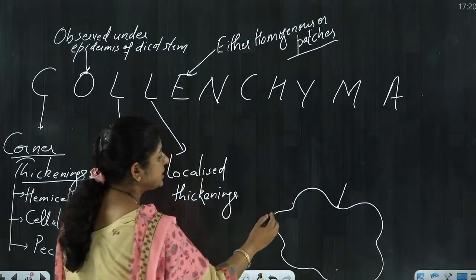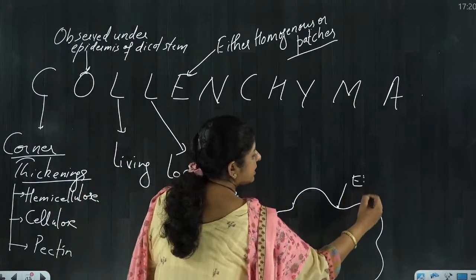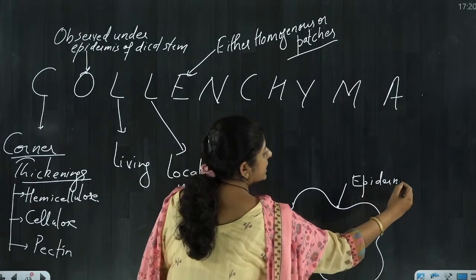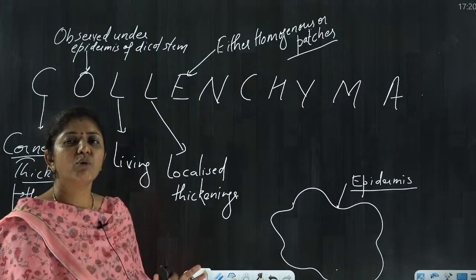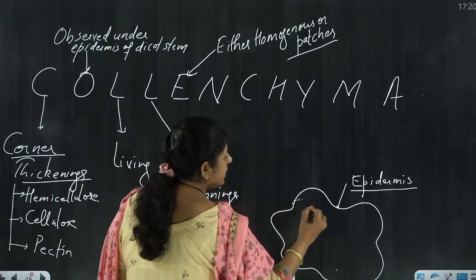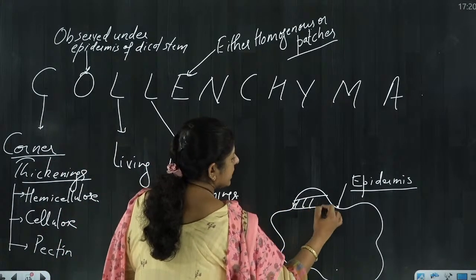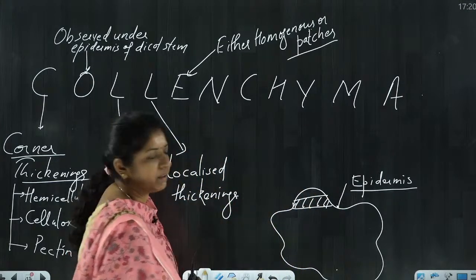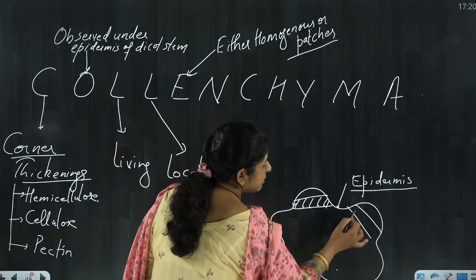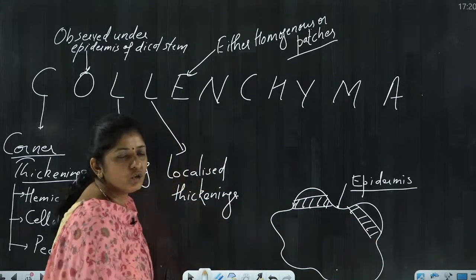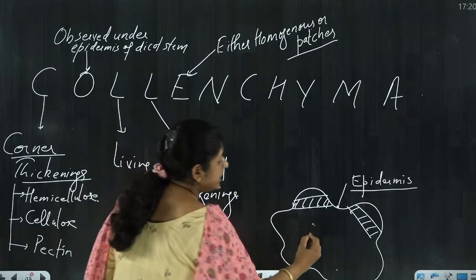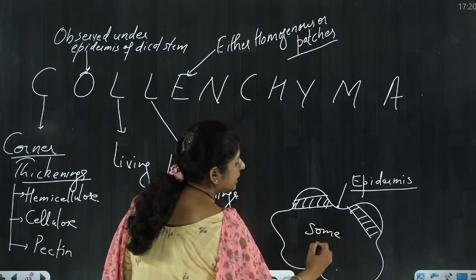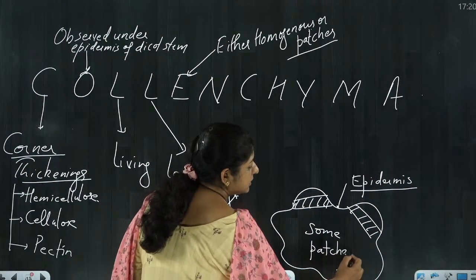So in some cases, outside is epidermis. Epidermis means outer layer. We will discuss later, don't take tension of this. But you should know epidermis is simply an outer layer. Inside, what is there? Immediately which layer is there here? Collenchyma, right? But can you see here it is in the form of patches. So in most plants it is continuous, but in some cases only it will be in patches like this.